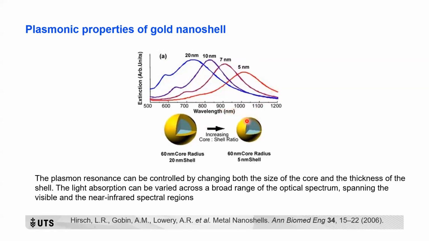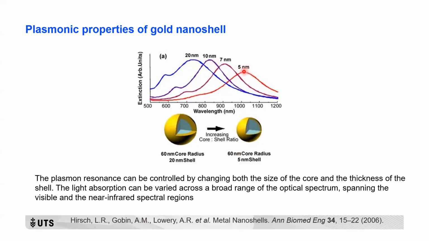So here you can see this is a study from a review paper you can check. It said that when coating the silica core with a shell, as the layer of gold increases, the peak actually has a blue shift, okay?